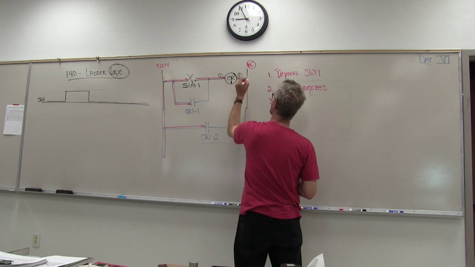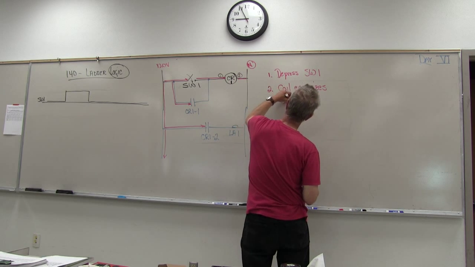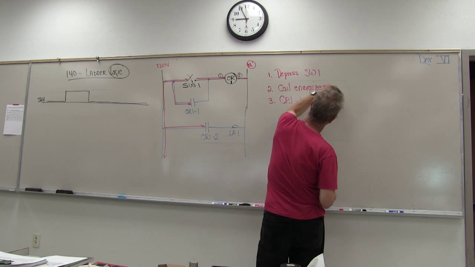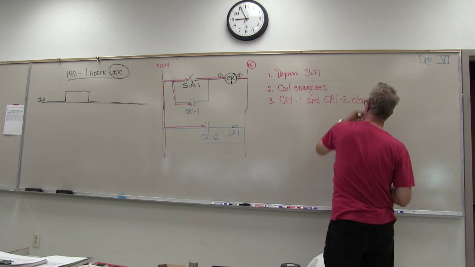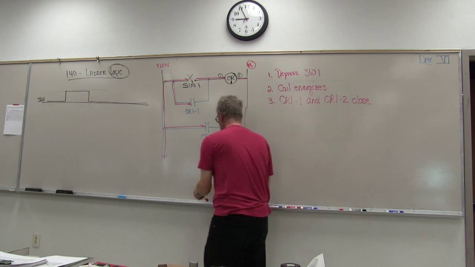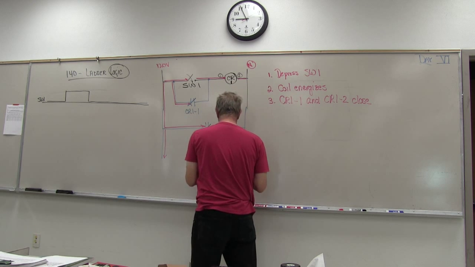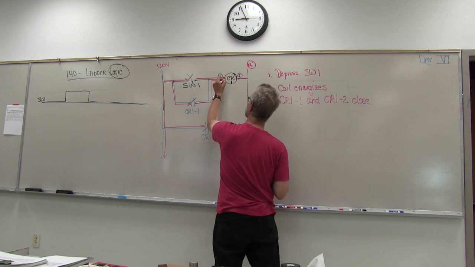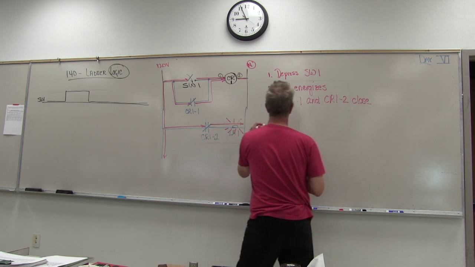When the coil energizes, what happens? CR1-1 closes, and CR1-2 closes. That allows energy to go here, and it allows energy to go here, and LA1 comes on.